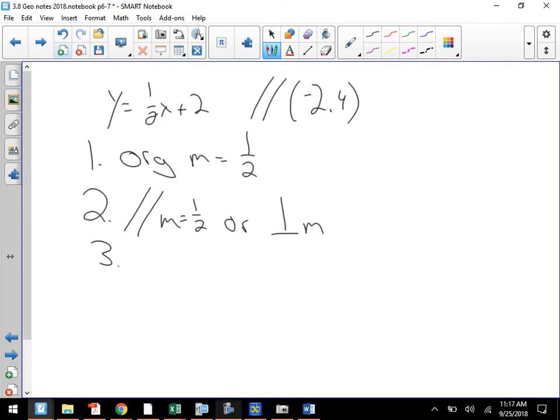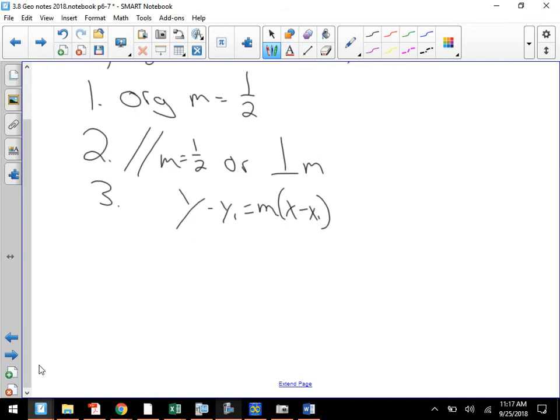And lo and behold, it's back to point slope form. Fill in the blanks. Y minus 4 is 1/2.